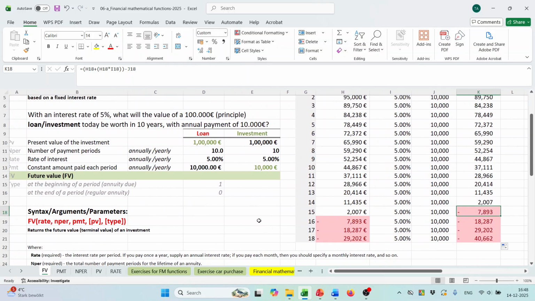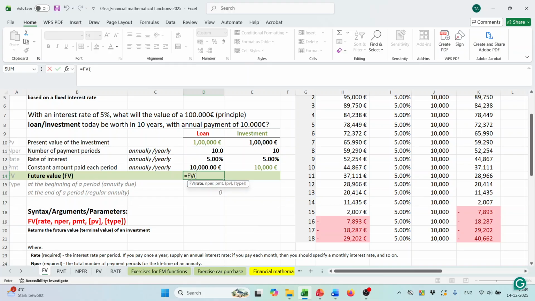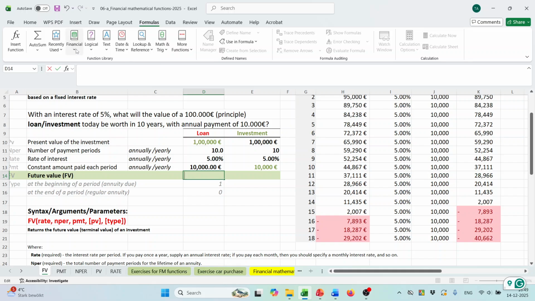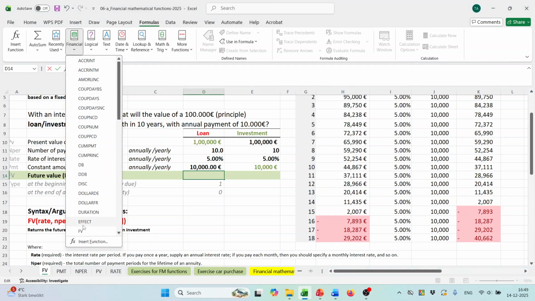We can do it. Now we will use our financial functions for doing this. For financial functions, we can obviously use the equal sign and future value, which is calculated by FV. We can do it by this, but we will use another method for inserting the Excel formulas. We'll go to Formulas, find Financial, and here we can find FV.